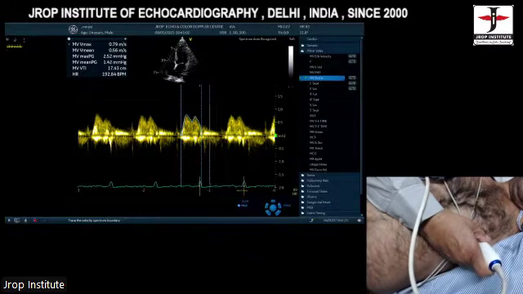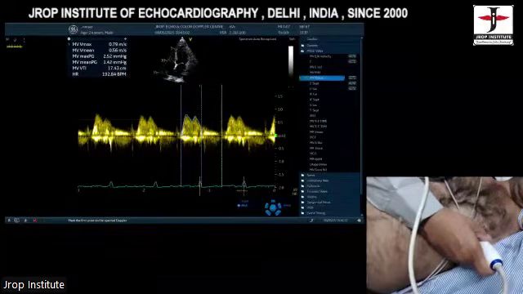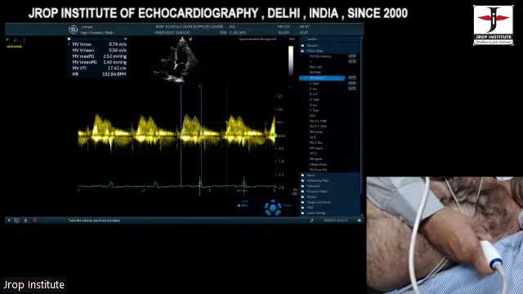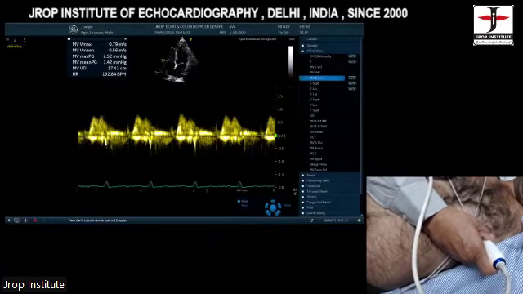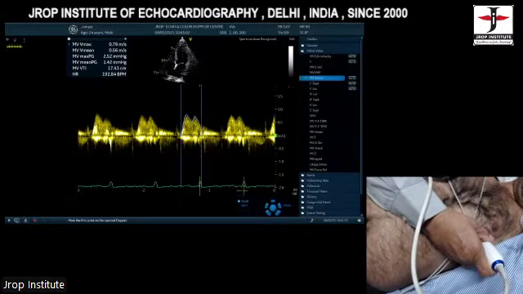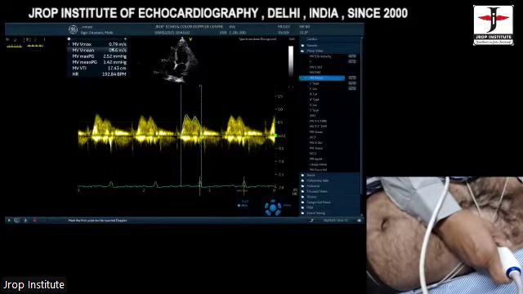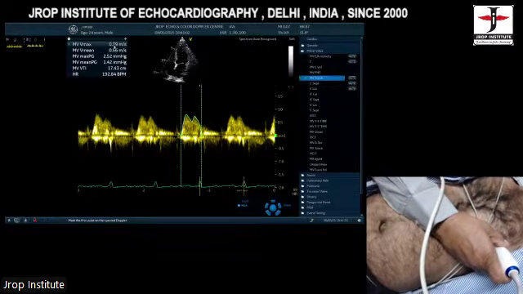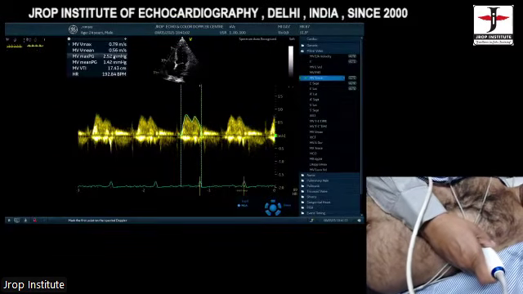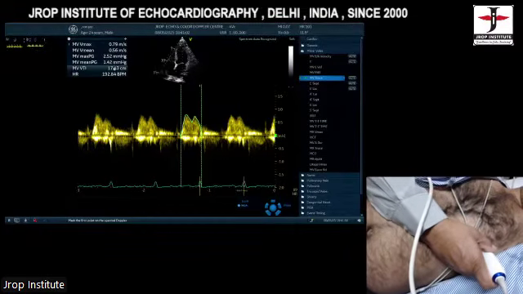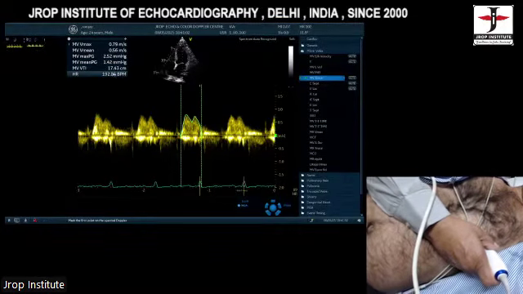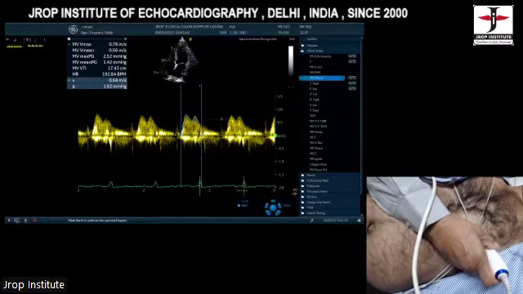If you look at the screen, which is a little blurred maybe for you, you see on the screen peak velocity, peak gradient, mean gradient, velocity time integral, and heart rate. Heart rate is a little absurd because I have removed my ECG.